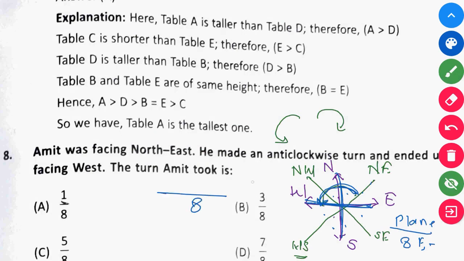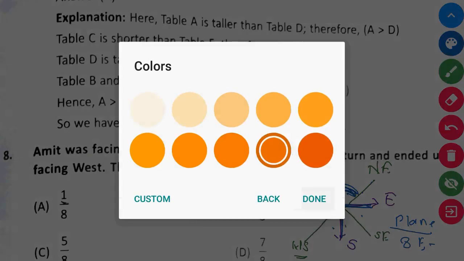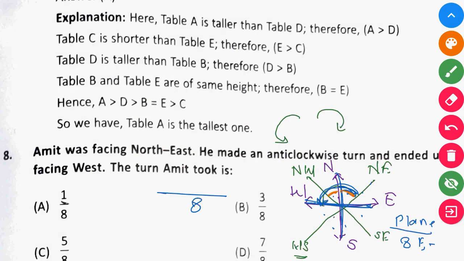Out of 8, how many turns has he taken? 1, 2 and 3. So your answer must be 3 by 8. When we divide that plane into 8 equal parts, he has taken 3 turns out of 8. So your answer is 3 by 8.